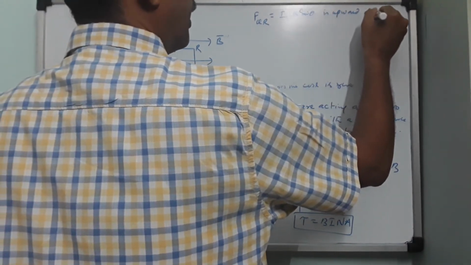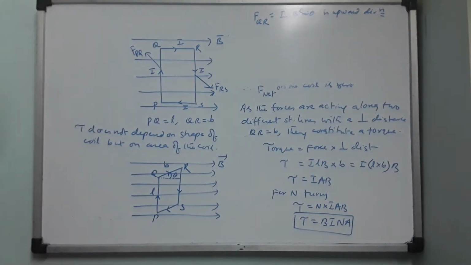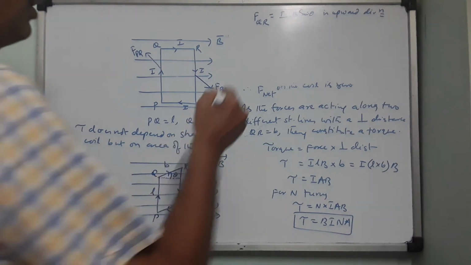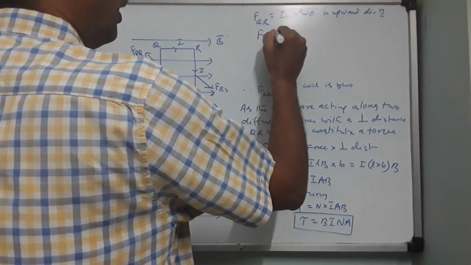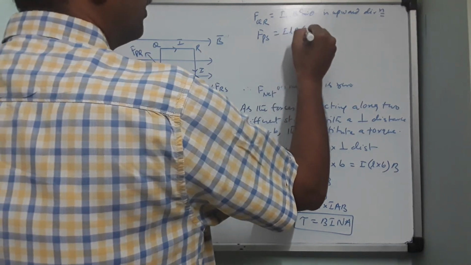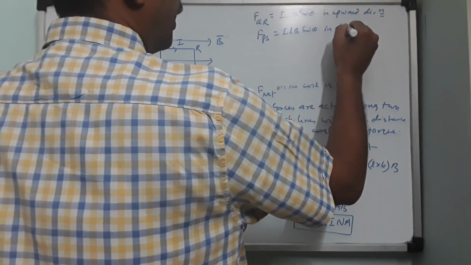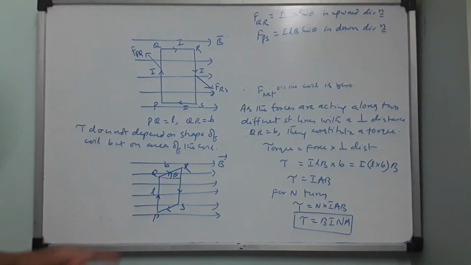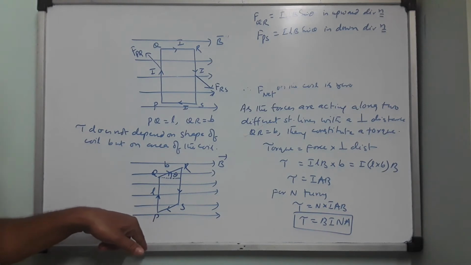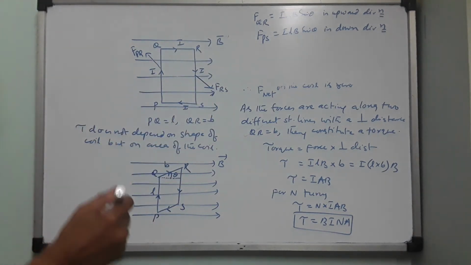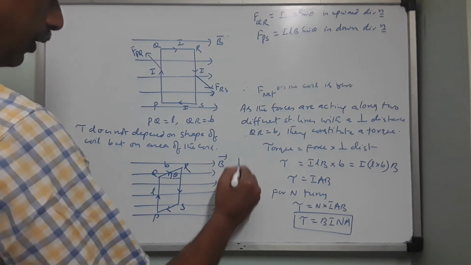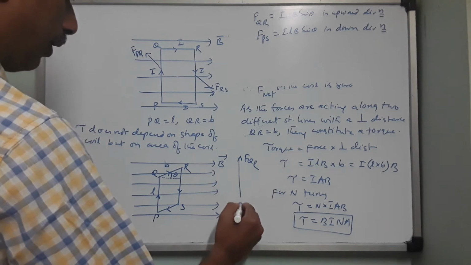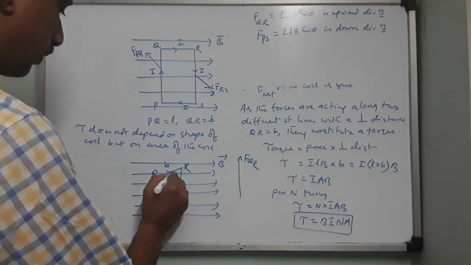What about PS? PS is carrying current exactly in the opposite direction. So FPS is also ILB sin theta only, in the downward direction. Why downward direction? Because the current direction is reversed. So this will be acting along this direction, like this, FQR, and if you take the center of mass of this one, it will be like this.